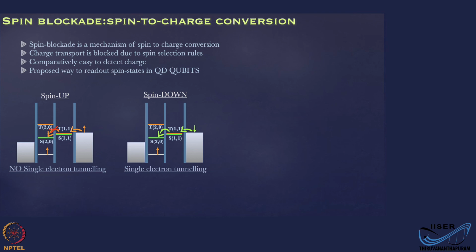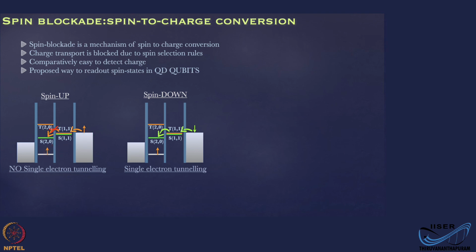Okay. So you can detect the charge state of this dot. If this says 2-0, then this spin is opposite to this spin in this configuration. Okay. So you can tell whether this incoming spin is up or down, or whether this is forming a singlet state or triplet state with this excitation spin just by observing the tunneling events.